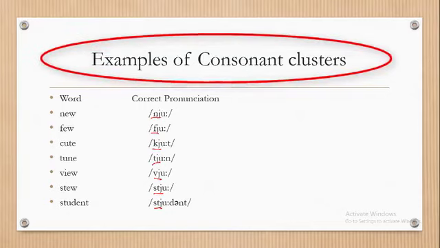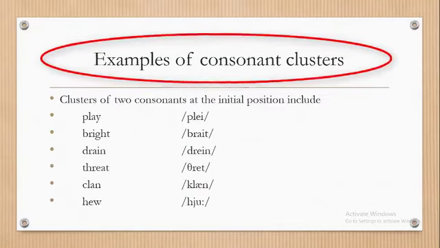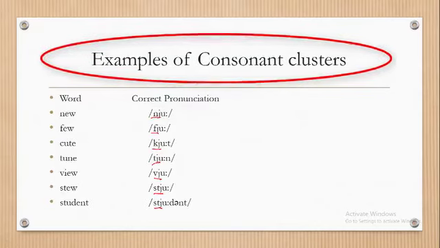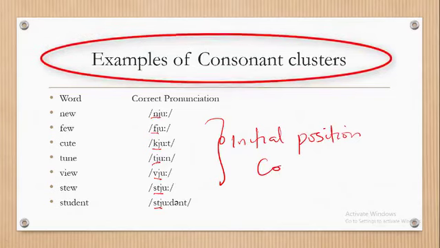We have students. Students also has a cluster. They are all occurring at the initial position, that is the beginning of the words. So the clusters in these examples occur at the initial position. Initial position consonant clusters.